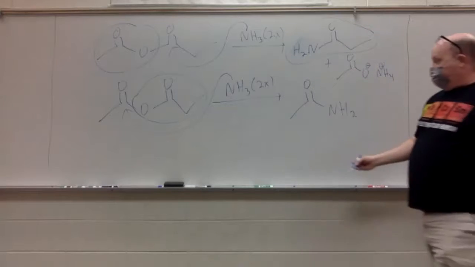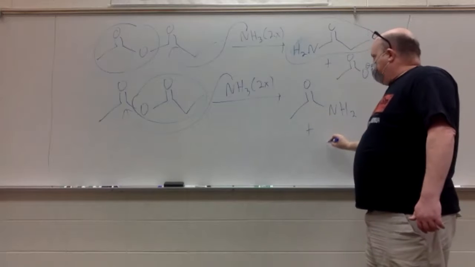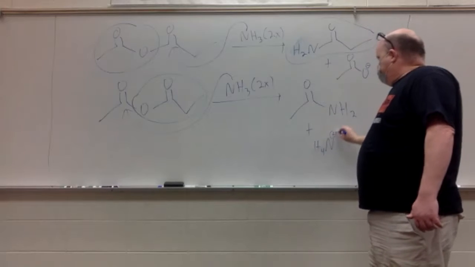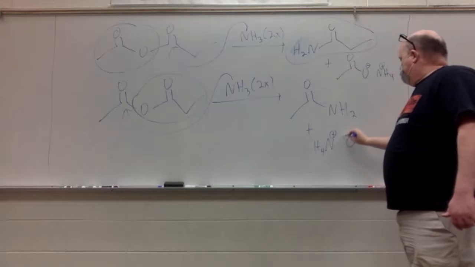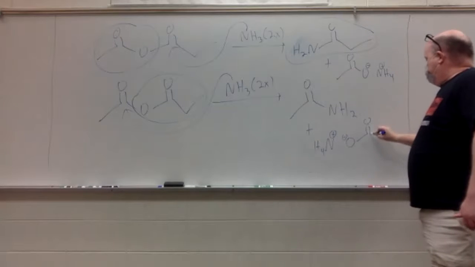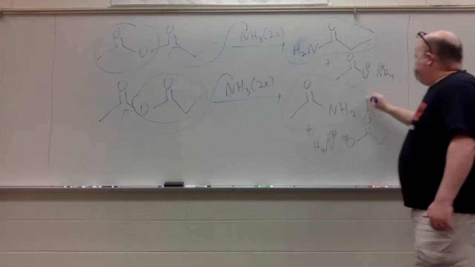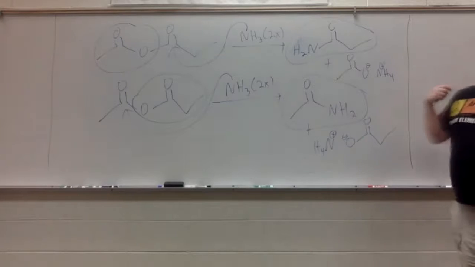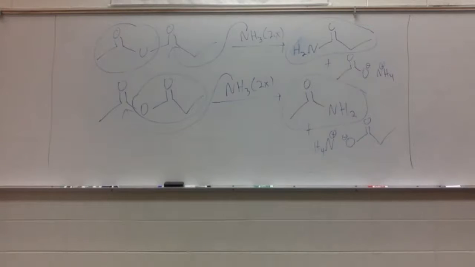So yeah, you're going to get two different amide products as a result of this. And just like we saw before, if we wanted secondary amides, we'd use primary amines. If we wanted tertiary amides, we'd use secondary amines. Okay.